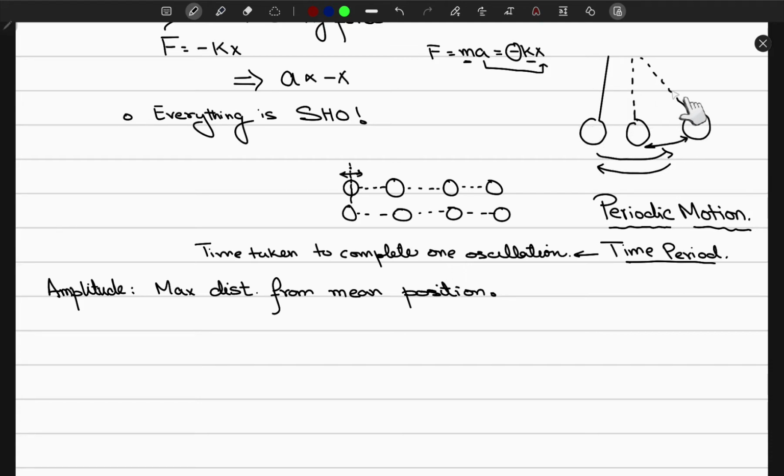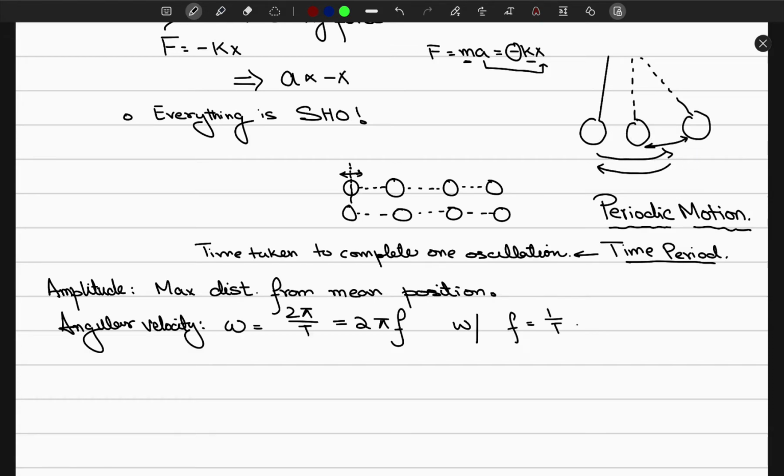Now you can see that this is kind of a rotational motion, and we can define the angular speed or the angular velocity with which the pendulum is going to perform its oscillations.